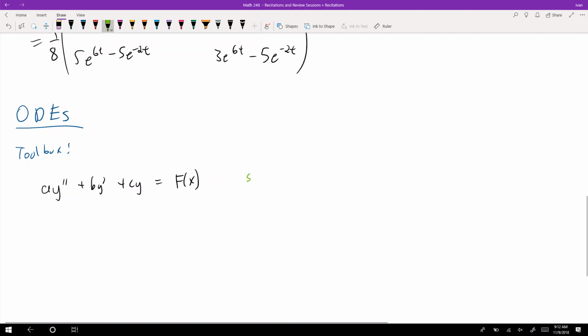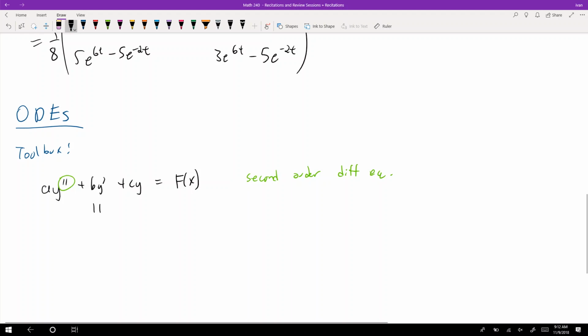This is a second order differential equation, and the reason it's second order is because I have a y double prime. The highest derivative tells me what order my differential equation is.